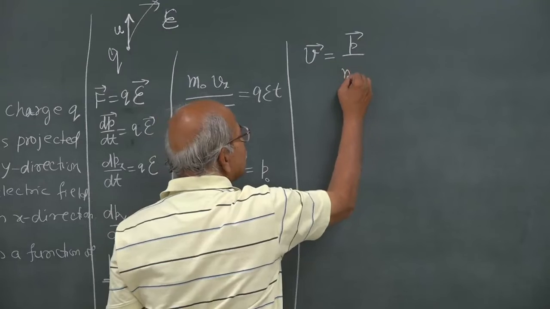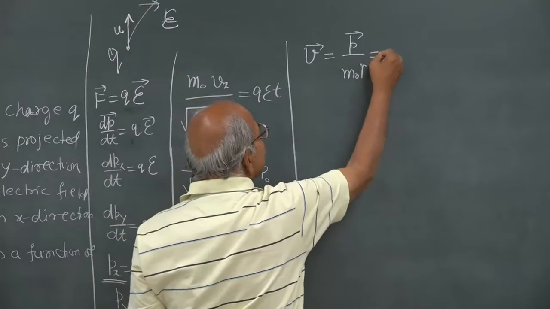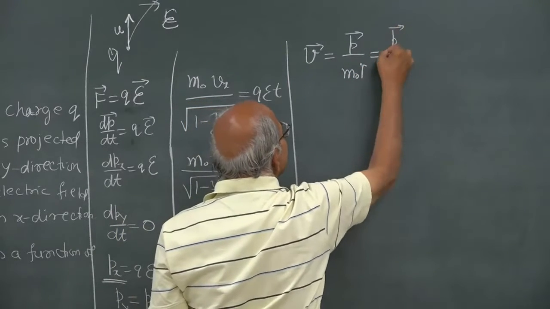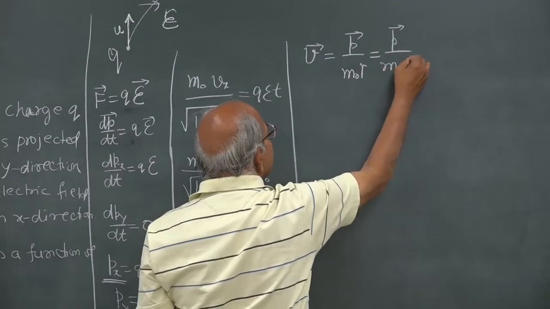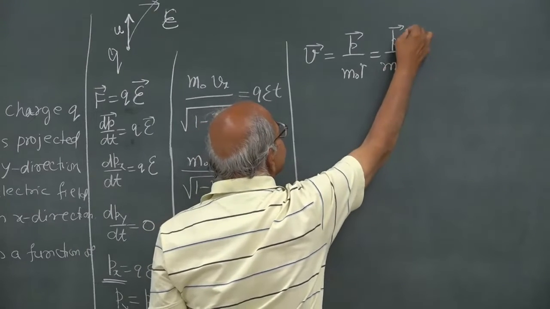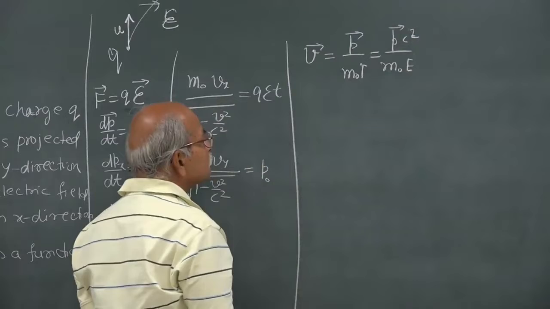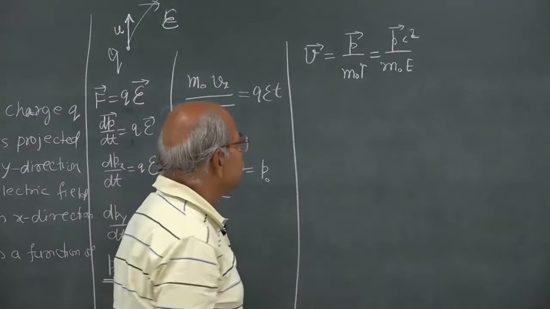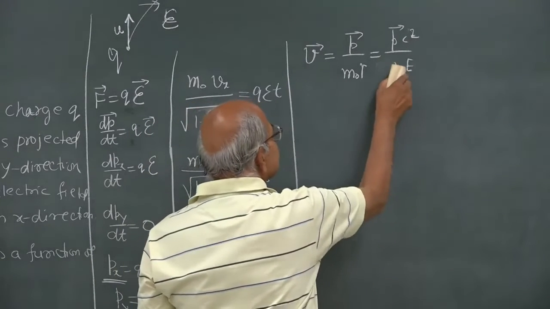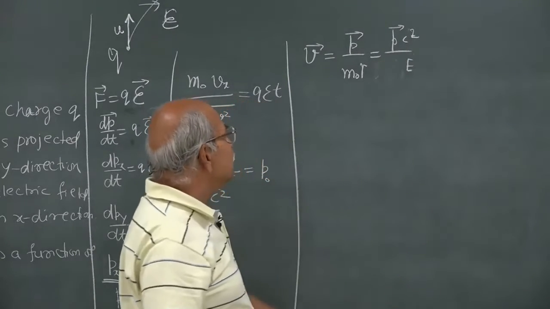So, this is m naught gamma, and for gamma you can write E by c square. This m naught is also not necessary. Okay. So, E by c square.